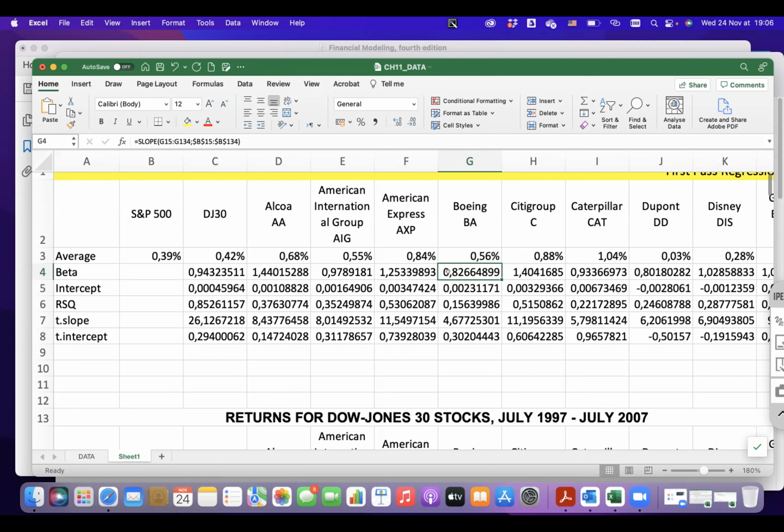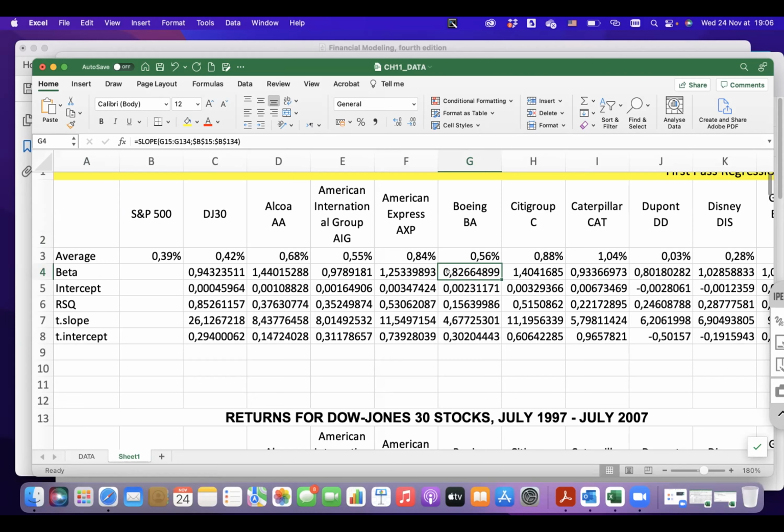Then the second part: you have to modify or adapt your investment strategy according to the beta and to your expectations. The rule is very simple. If you expect the market to go up in the next few days or next few weeks, invest your money in an aggressive stock, which is a stock with a beta higher than 1.